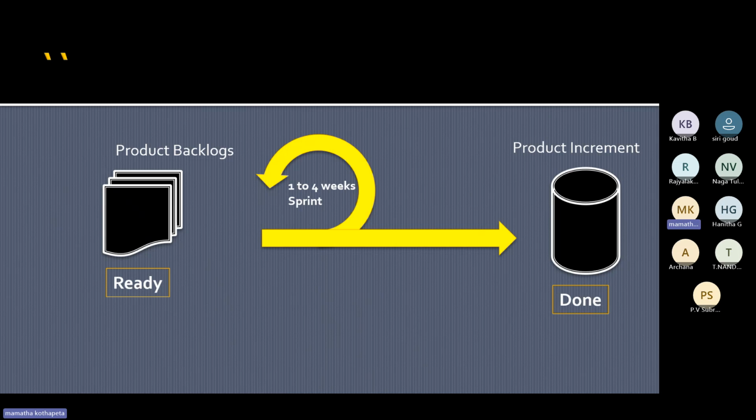Now, this is another important interview question. People will ask in the interview, what is the definition of done? DoD. Now see here, done. You saw a test plan, entry criteria and exit criteria.